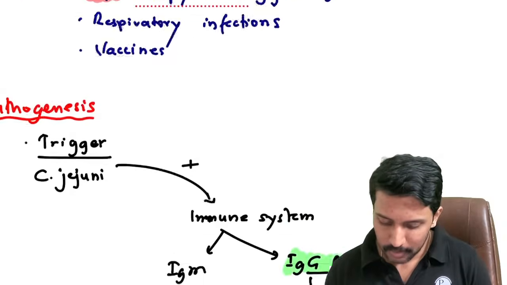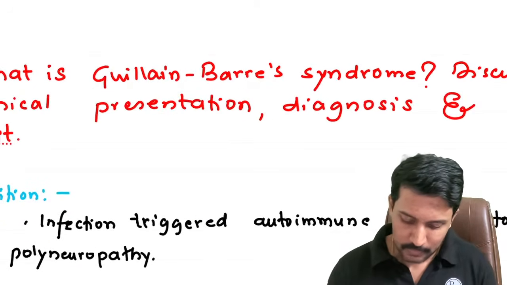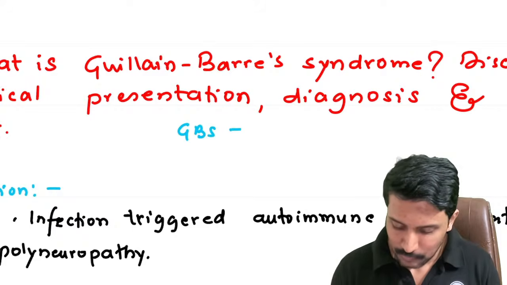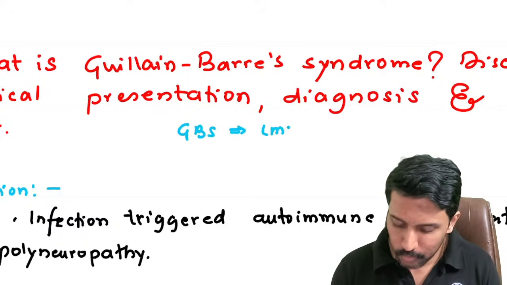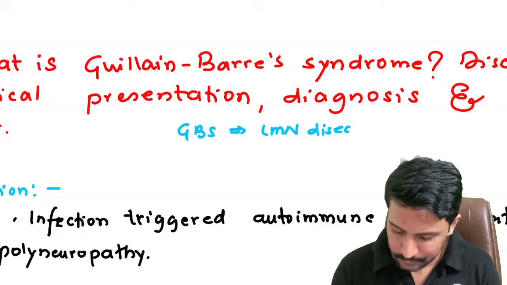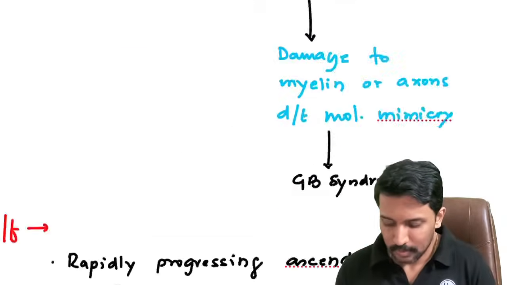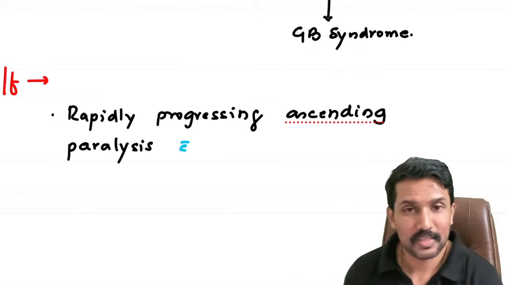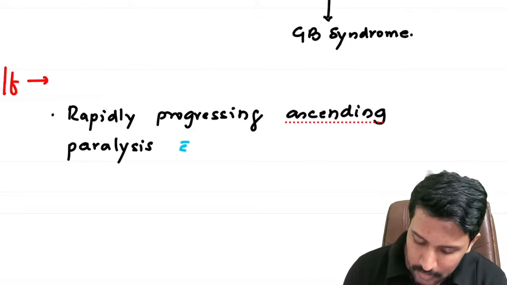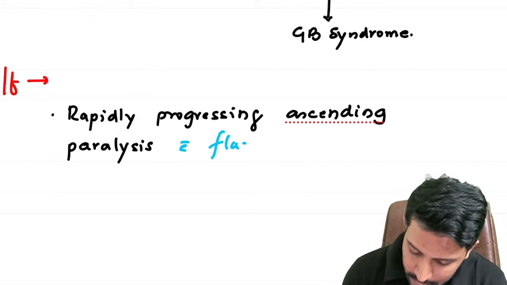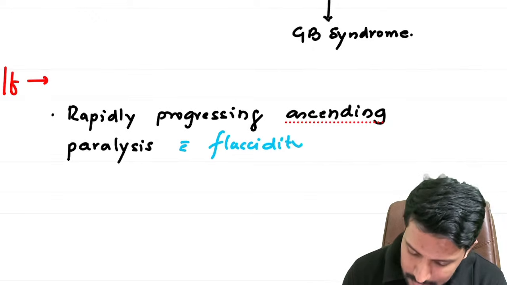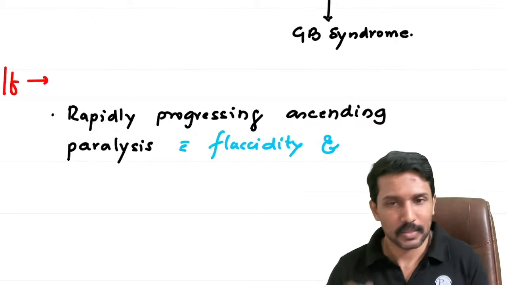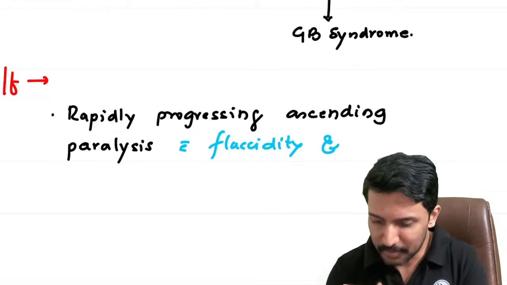So if you want, you can make a note that GBS is a lower motor neuron disease. So you will have rapidly progressing ascending paralysis with decreased tone. That hypotonia is called flaccidity. And the reflexes will also be decreased. LMN, remember, it's pretty simple.